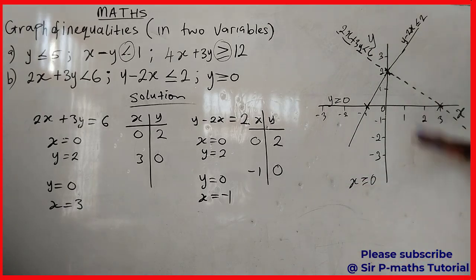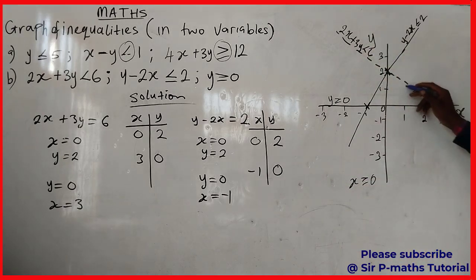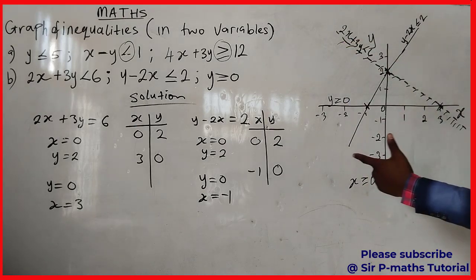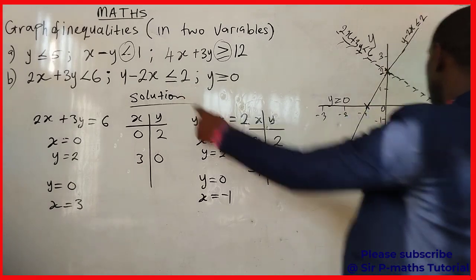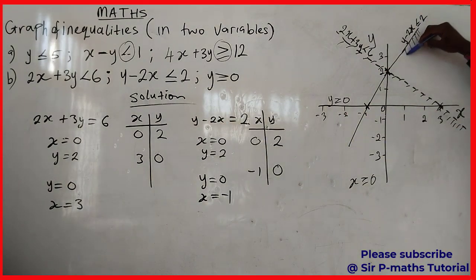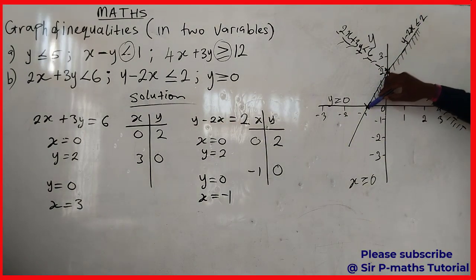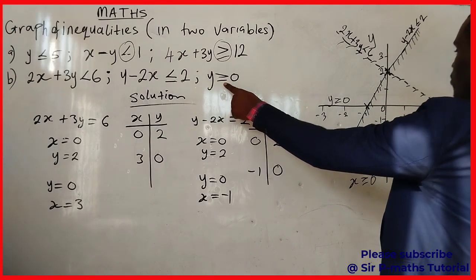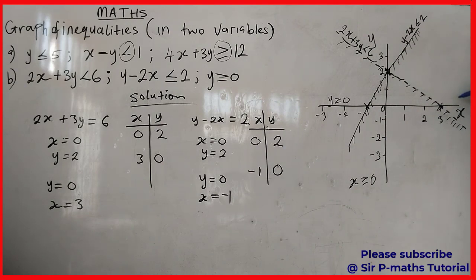Less than, we shade below the graph. So I will be shading under here, okay? And for the second one, I also have less than or equal to. I'll be shading below it, which is here, all right? And for the last one, greater than or equal to 0, above the line, I will shade above the line.